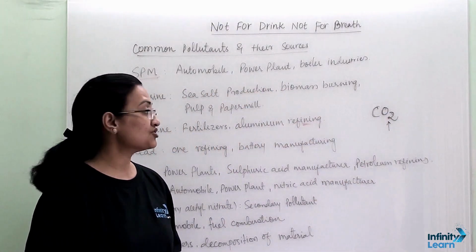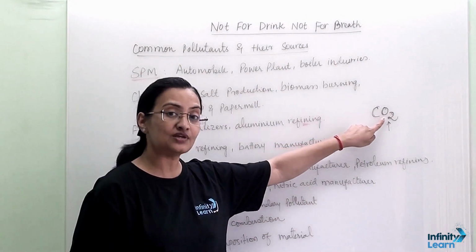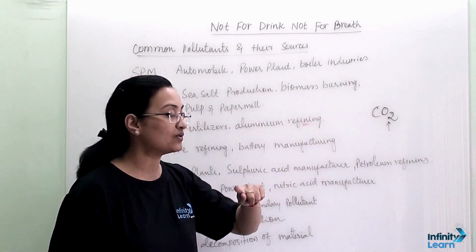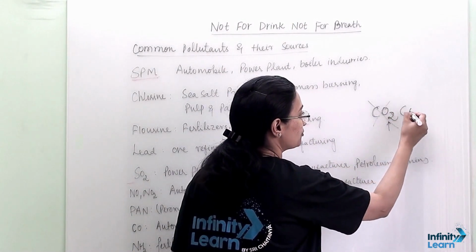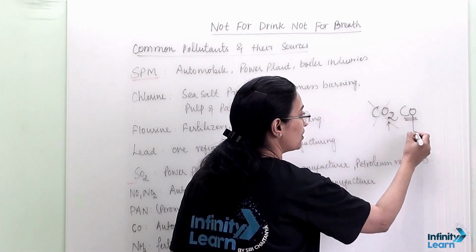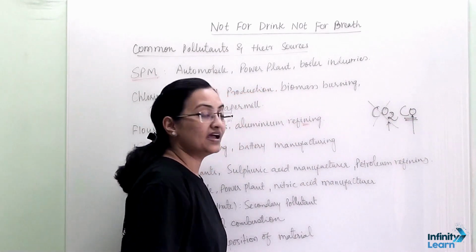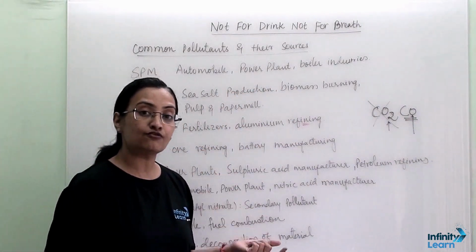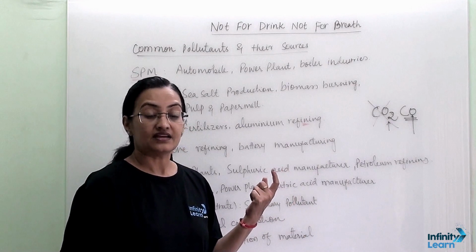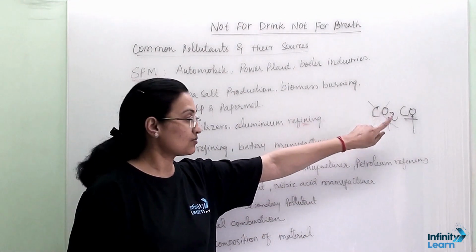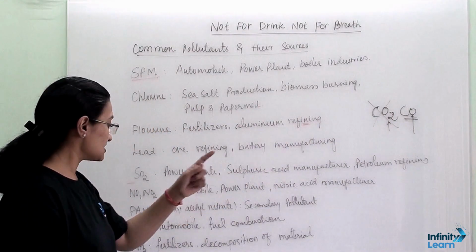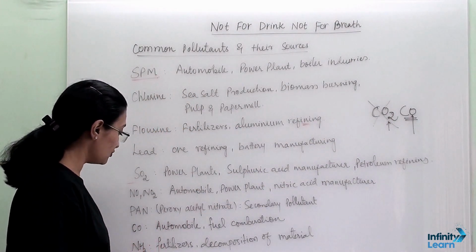But when a sufficient amount of oxygen is not there in the air and burning happens, then it will not produce carbon dioxide, it will produce carbon monoxide with 1 oxygen atom. And carbon monoxide is deadly for humans, it can kill us, whereas carbon dioxide cannot kill us. So carbon monoxide is considered a harmful pollutant.